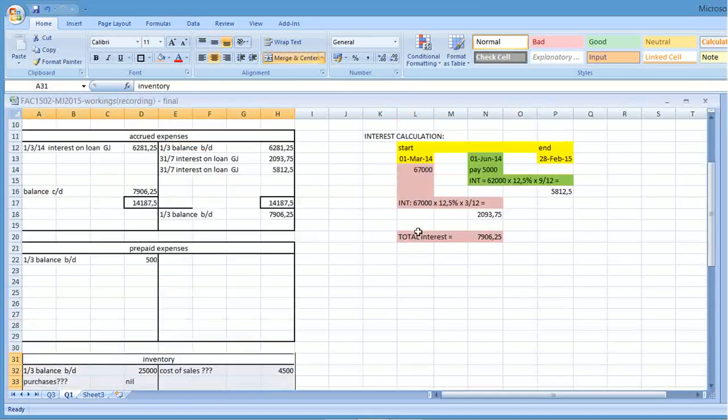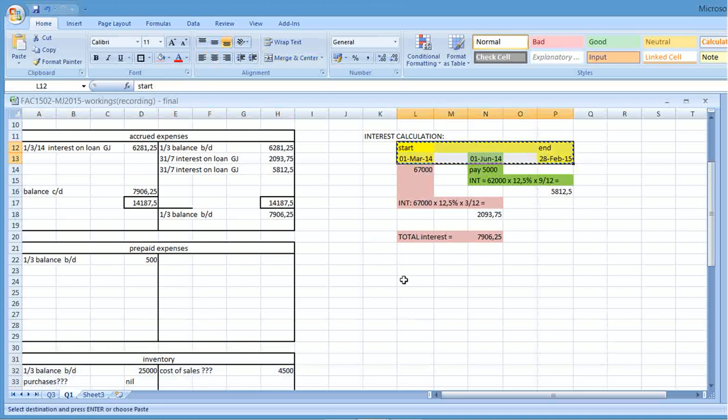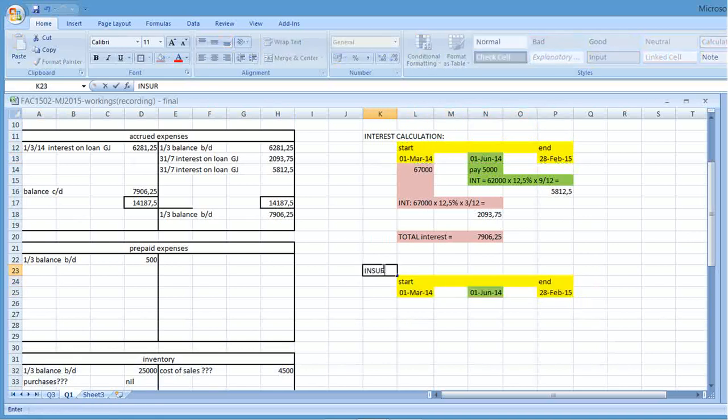If we're looking at beginning and end of the year, obviously we've got that information from before. This is for the insurance. In terms of the insurance, 1st of March is the beginning, 28th of February is the end. We know that on 30 June 2014, you paid 4,500, and that 4,500 was for a period of 12 months.